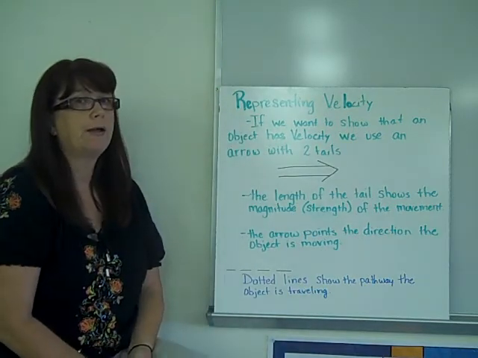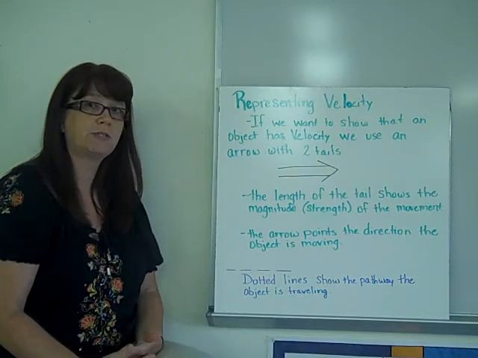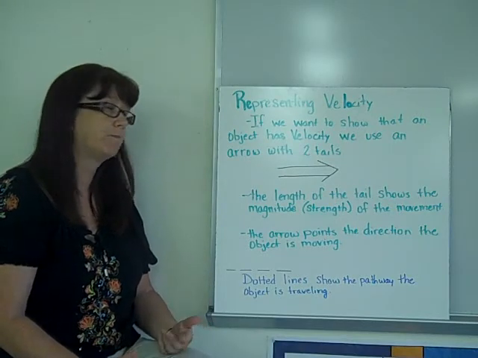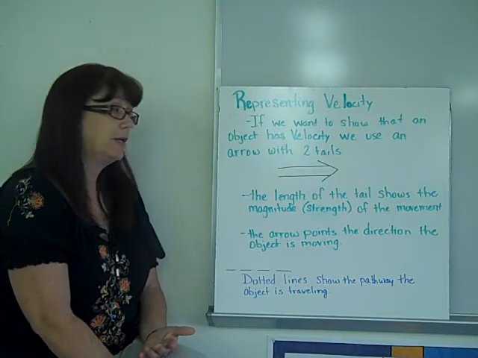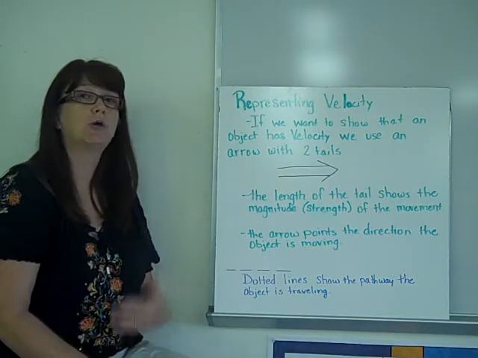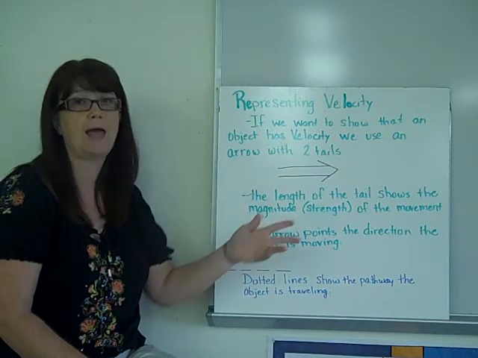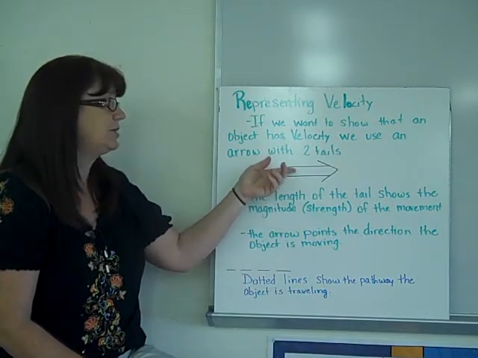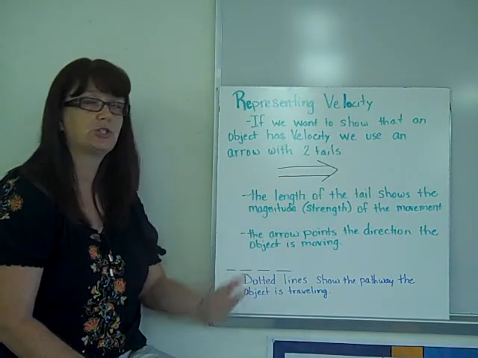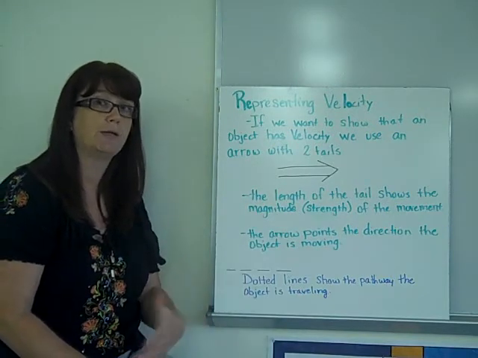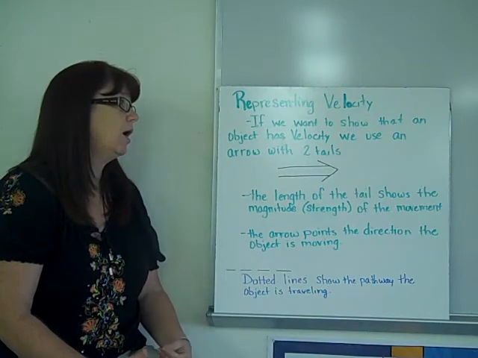There are a couple of ways that we will represent velocity when we put it to paper. If we want to show that an object has a velocity, then we can use an arrow that has two tails. And these two tails will show you the magnitude or the strength of the movement of the object.